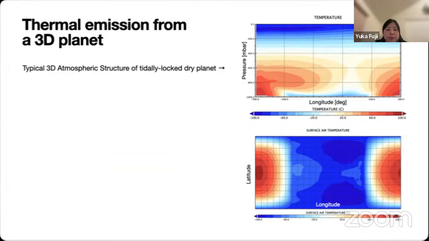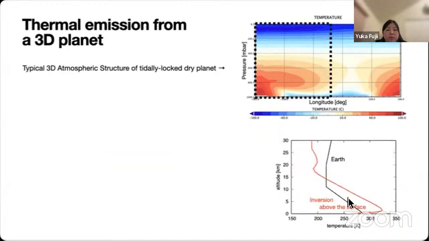An interesting point is the typical structure of the synchronously rotating planet: of course, a very hot permanent day side, but also some hot region here, and there is a thermal inversion very near the surface, as shown here.